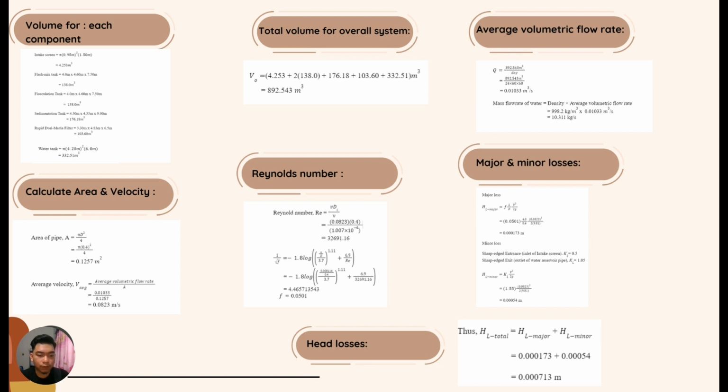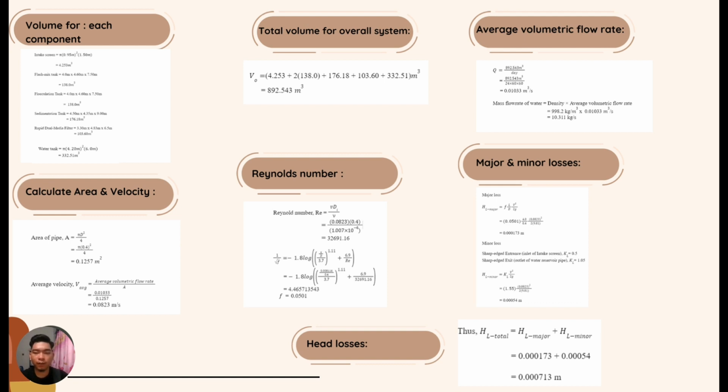For the average velocity, we got 0.0823. Then we calculate the Reynolds number using the Reynolds formula, and we got 32,691.16, which means we got a turbulent flow. And then we use a formula to find the f value, and we got 0.0501.